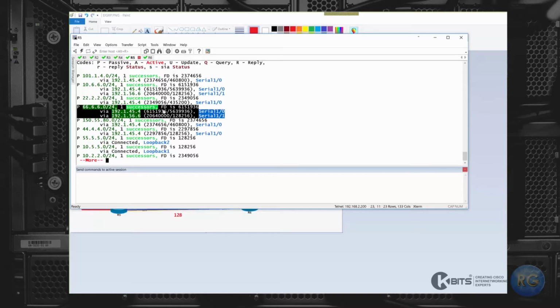Which one? How many successors do I have? 1. It tells you the actual speed of the successor that it picked. That was this guy. So this is your successor. This becomes your feasible successor. Good, everybody? So you saw the topology table as well. You did the metric calculation to figure out the routes.